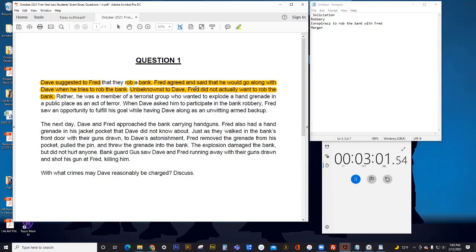I think I described that poorly, but I think it's what they want you to go with here, because unbeknownst to Dave, Fred did not actually want to rob the bank. I mean, they're kind of saying right there. So Dave is going to have a withdrawal from the conspiracy because of Fred and the feigning agreement.